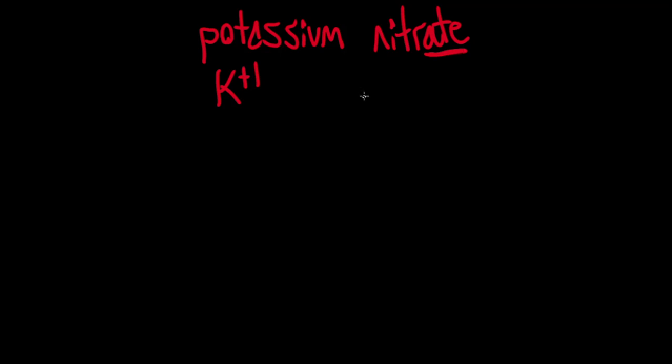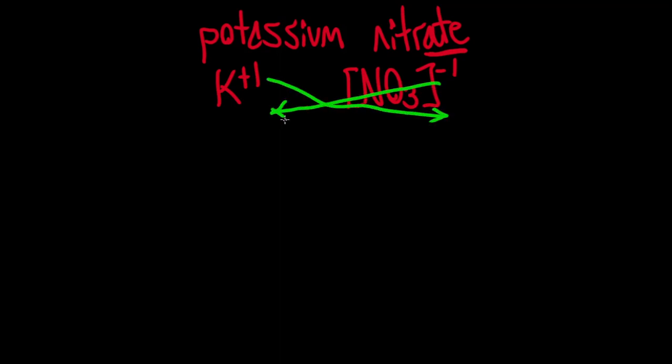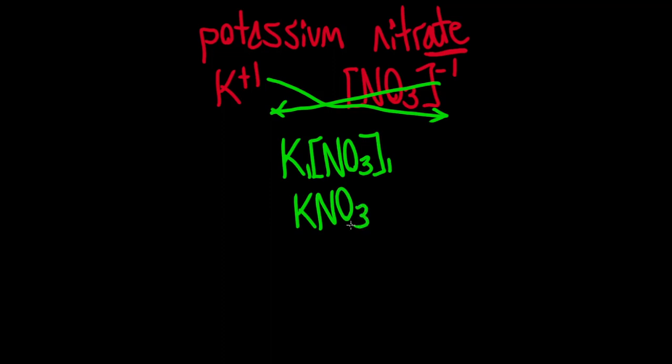And I find it. It is going to be NO3, and that is going to have a -1 charge. And just like I'm so used to doing now, I do my crisscross, and I get KNO3 with my 1 subscripts, and I can just write that out as KNO3.